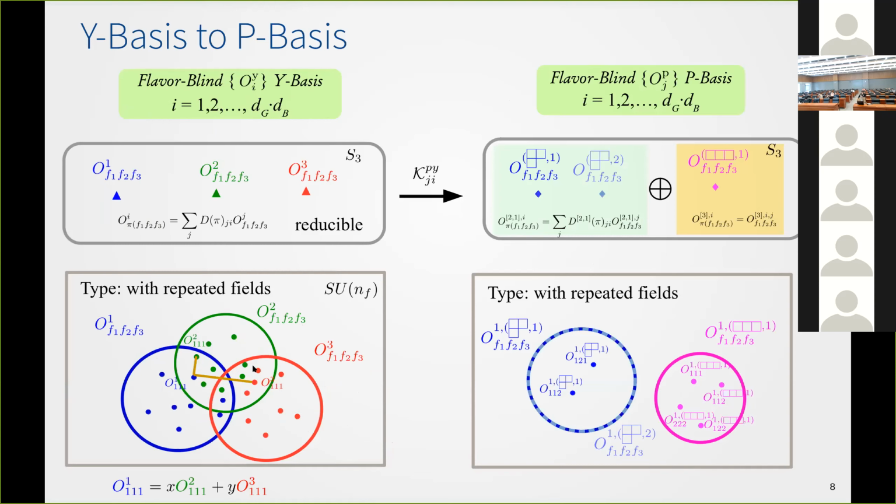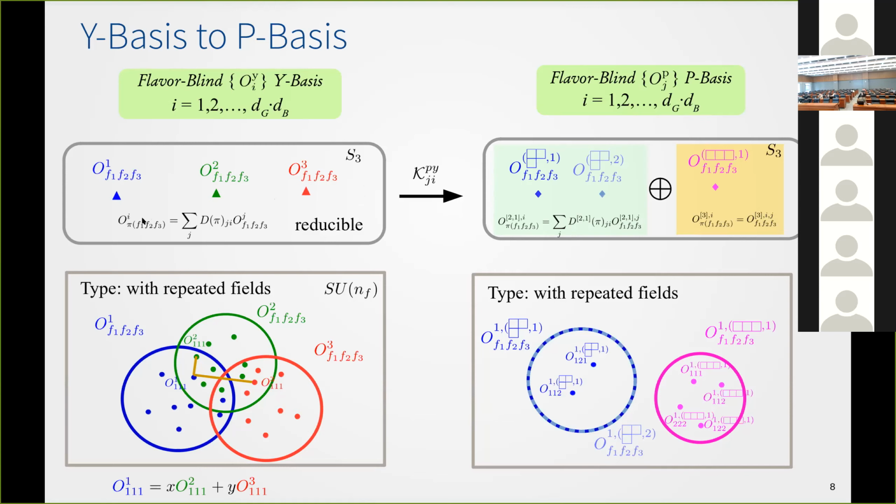So things become complicated when there are repeated fields present in the operators. And in this case, the flavor-blind Y basis operators form a completely reducible representation under the symmetric group, denoted as the triangle dots here. Each Y basis operator is considered as a basis in the S3 symmetric group reducible representation space.